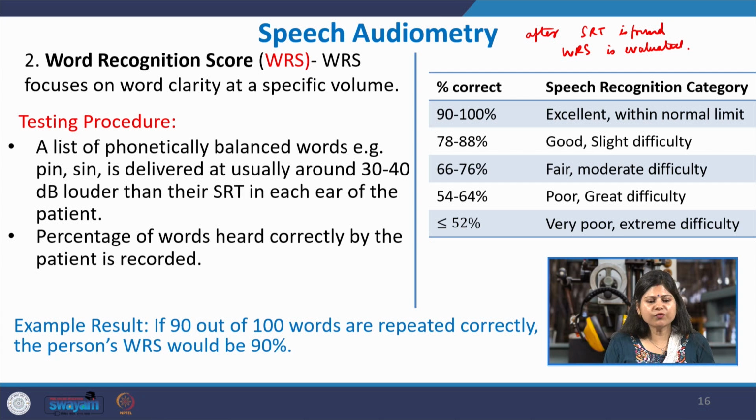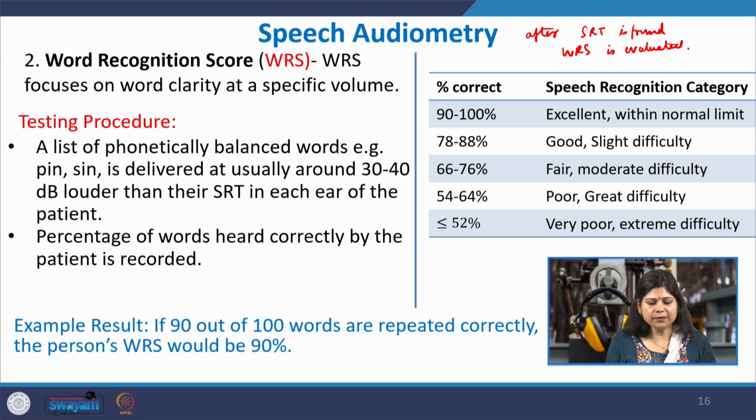Here we focus on word clarity at a specific volume. In the SRT you get the data in terms of decibel levels. Now, you will see how many words the person is able to repeat back correctly at one particular level.